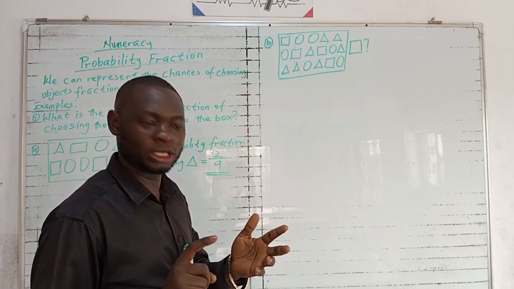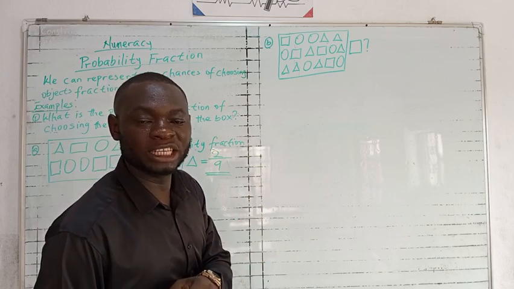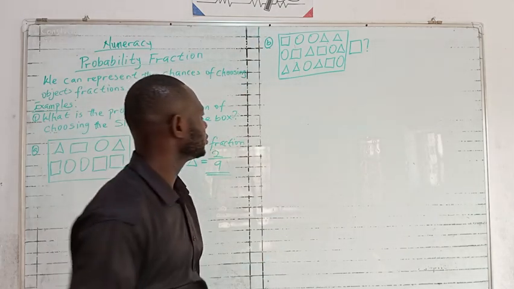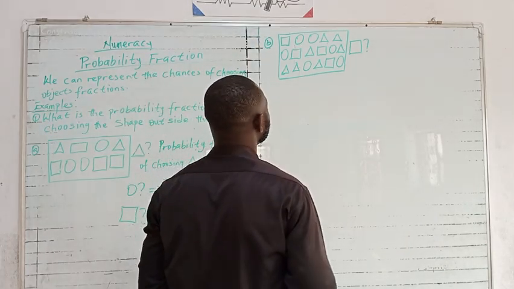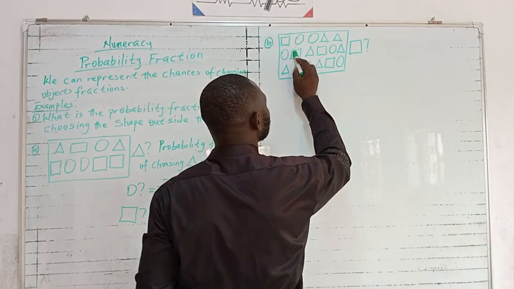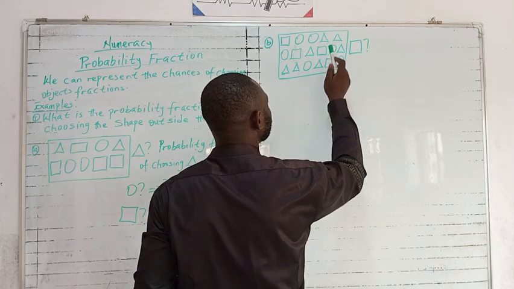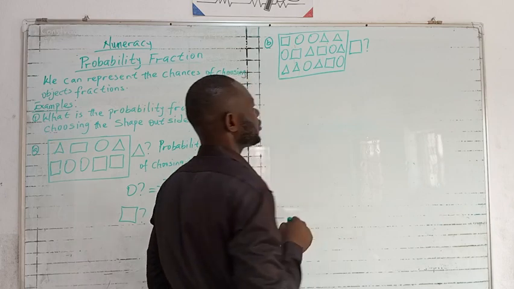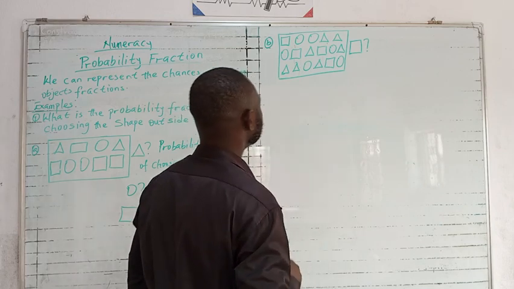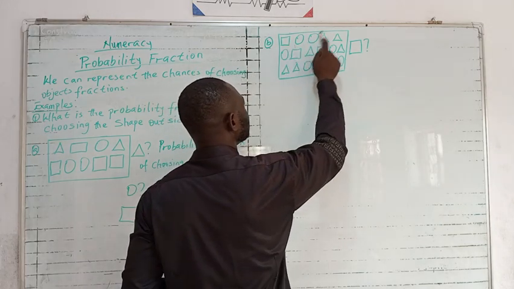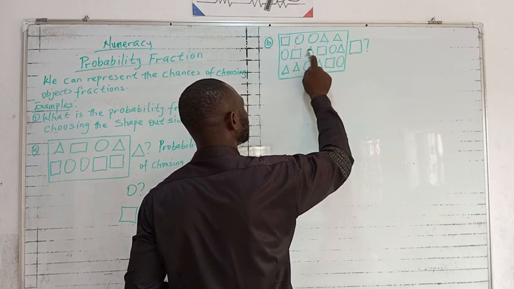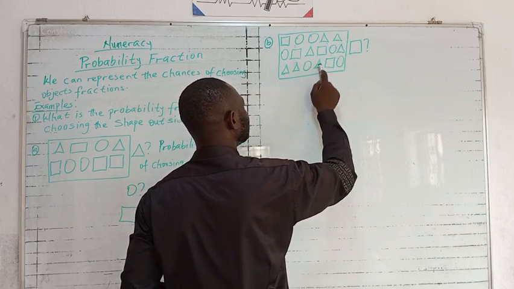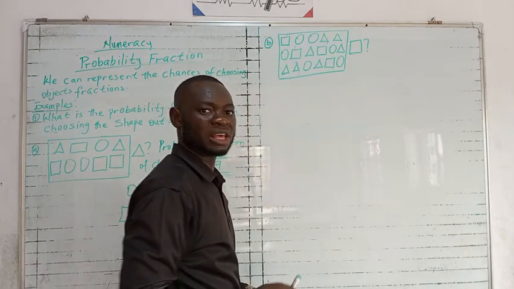Second thing to find is how many shapes are in the box altogether. So let's go. How many rectangles are here? 1, 2, 3, 4. There are 4 rectangles. How many shapes are there altogether? 1, 2, 3, 4, 5, 6, 7, 8, 9, 10, 11, 12, 13, 14, 15, 16, 17.